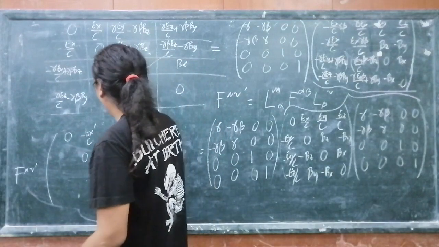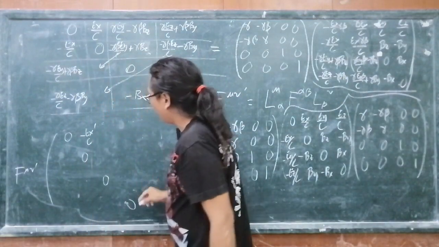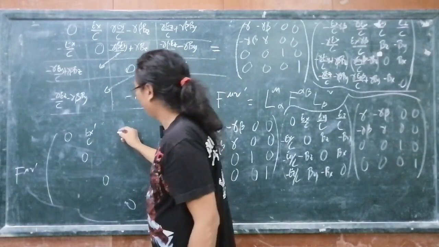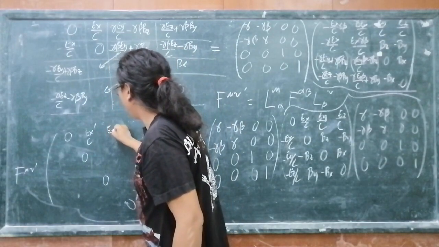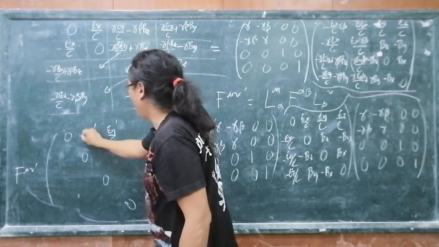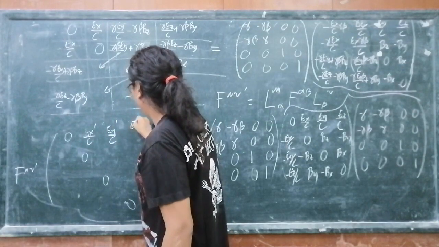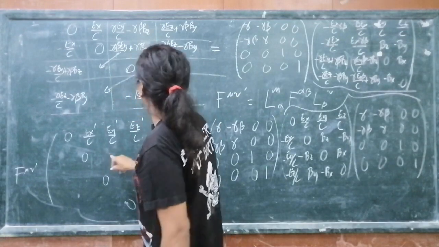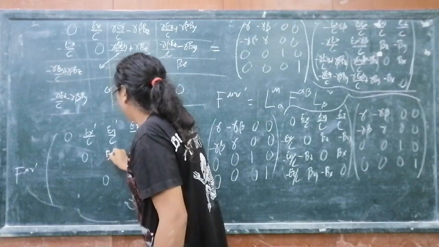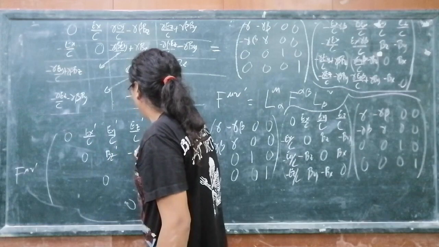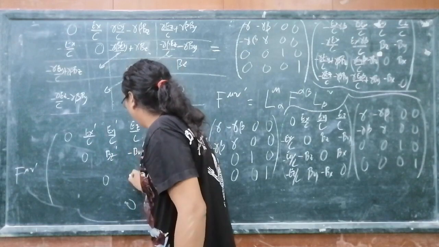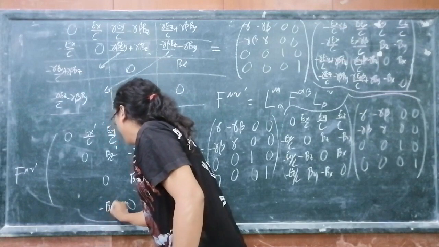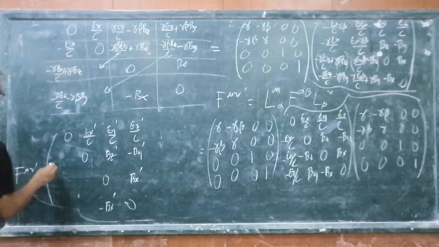So you have ex over c, and this is positive, right? And then this is ey over c, and this is ez prime over c. This is bz, right? bz minus, prime, by prime. This is bx prime, so this is minus bx prime.